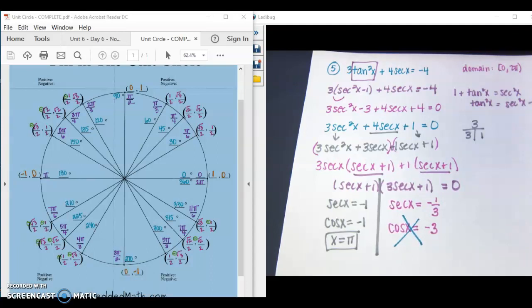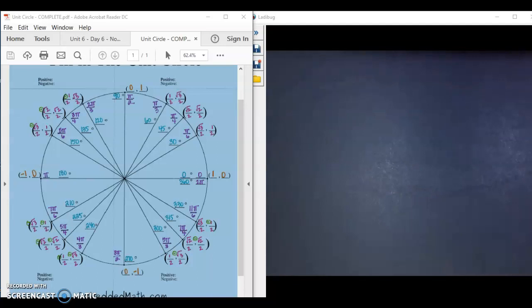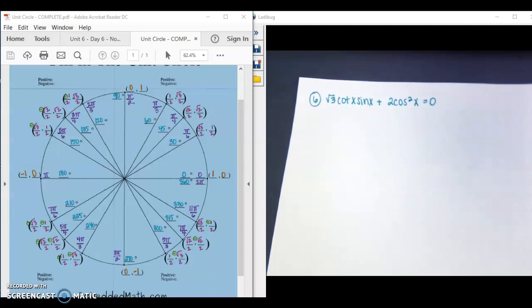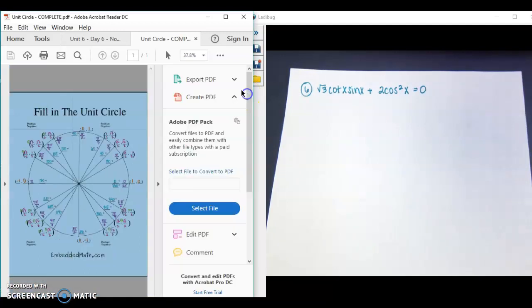Okay, so for the next problem, problem number 6. Okay, so if you notice here, we have a couple different trig functions, and we only need one trig function.